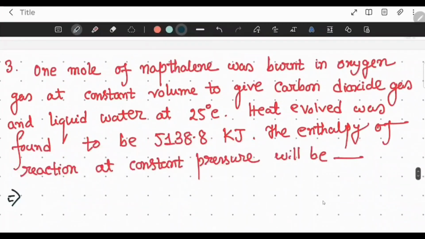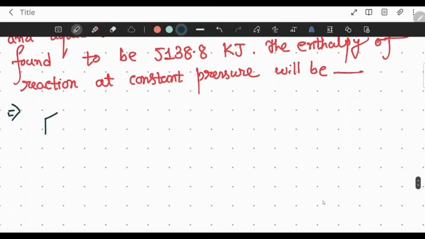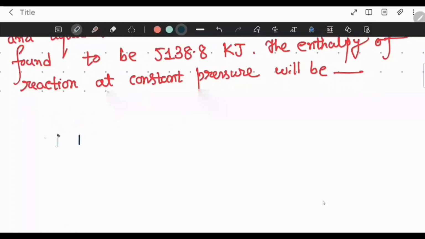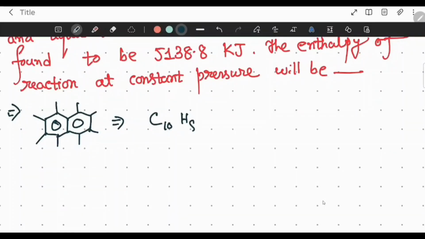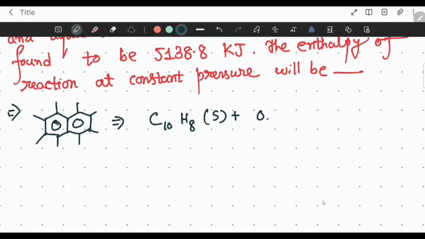So 1 mole of naphthalene was burned. What is the formula of naphthalene? This is our naphthalene. Counting 1, 2, 3, 4, 5, 6, it is C10, H12, not H12. 1, 2, 3, 4, 5, 6, 7, 8, so C10H8, which is a solid species. It is burnt in oxygen, which is a gas, and eventually it will produce CO2 plus H2O.